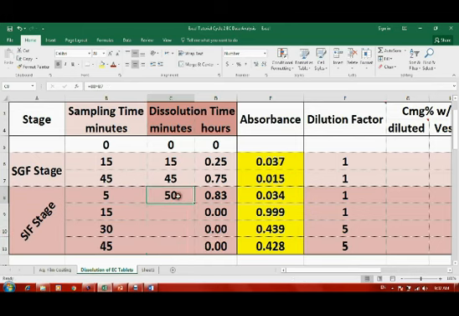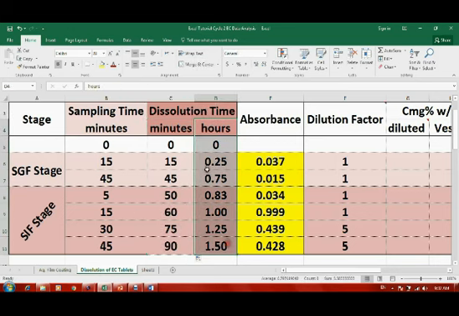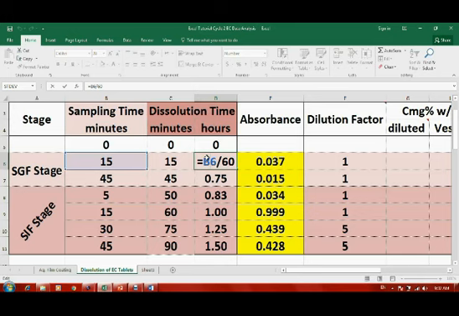Again, the sample that has been taken at 15 minutes in the SIF has also spent 45 minutes in the SGF. Then the total dissolution time is 60 minutes. Do the same for all other sampling times in the SIF. Then calculate the time in hours.